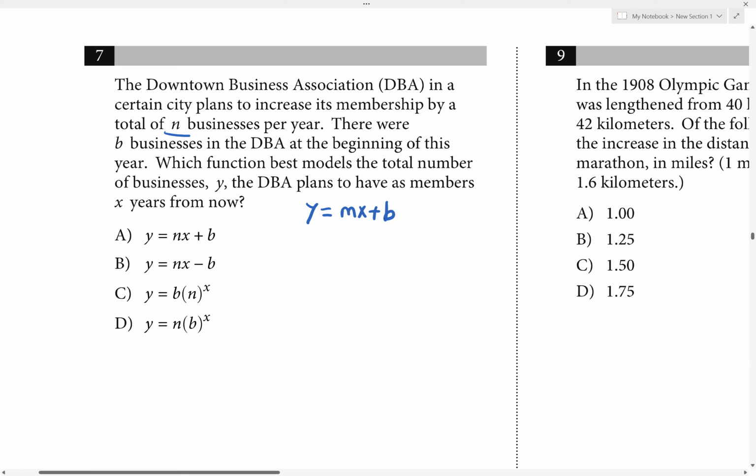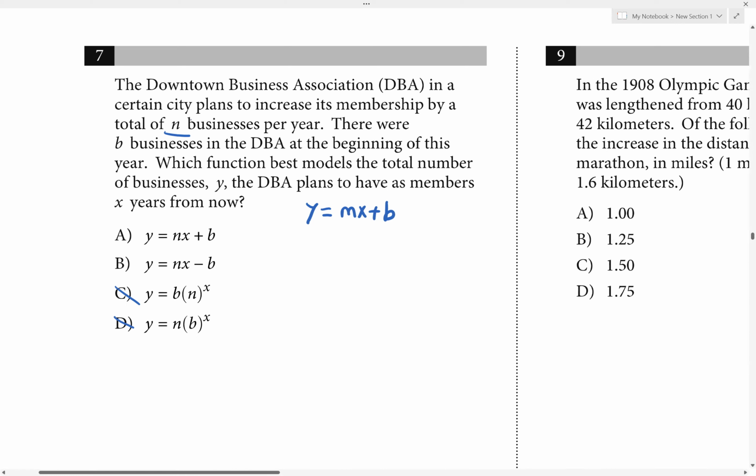Okay, so just based on that, we can eliminate C and D because these are exponential models, right? So we have x in the exponent. That's not what we're looking for. So we know it's either A or B, but then how do we plug in the numbers here?